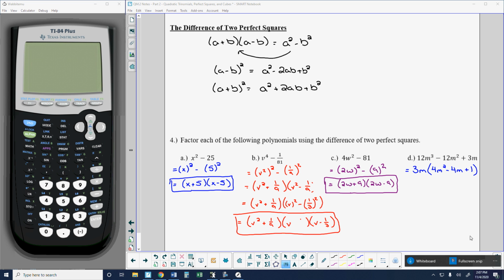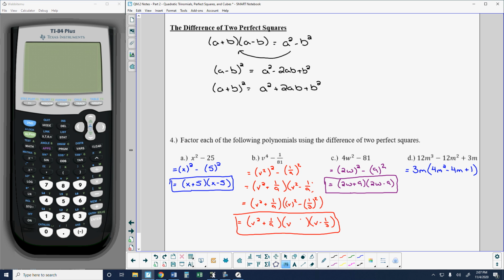What I may notice here is that if I look at something being squared to give me 4m squared and something being squared to give me 1, well, 2m would be squared here, and 1 would be squared there.